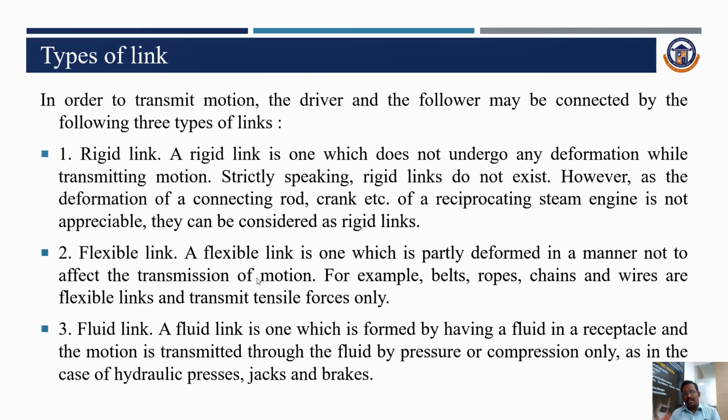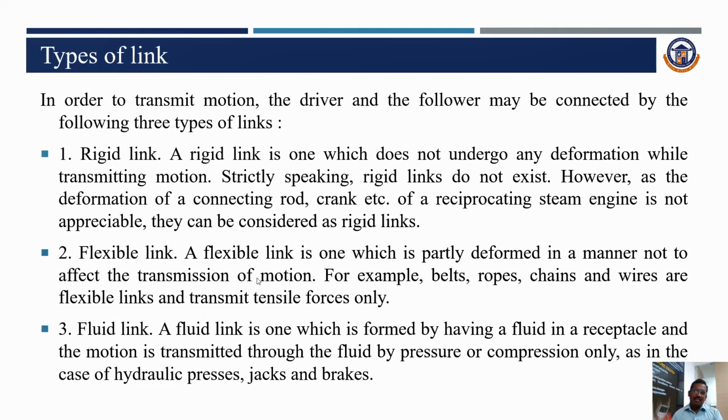Next is a fluid link. A fluid link is one which is formed by having a fluid. The motion is transmitted through the fluid by pressure or compression. In a JCB, it is full of oil. The oil is at high pressure, and the movement will occur. We can transfer the load from one place to another place.